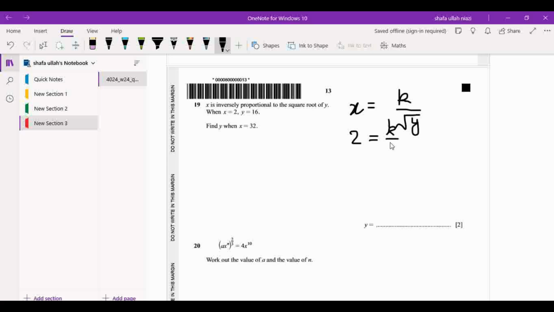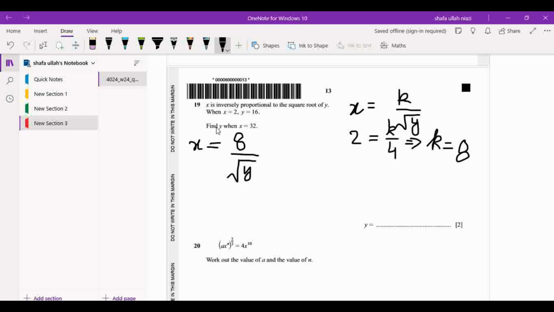Under root 16 is 4, so multiplying 4 by 2 gives k is equal to 8. K equal to 8 gives the relation x is equal to 8 over the square root of y.